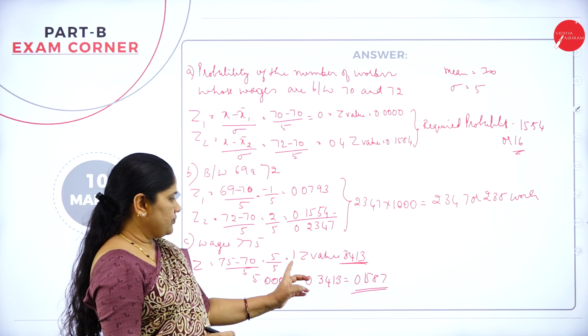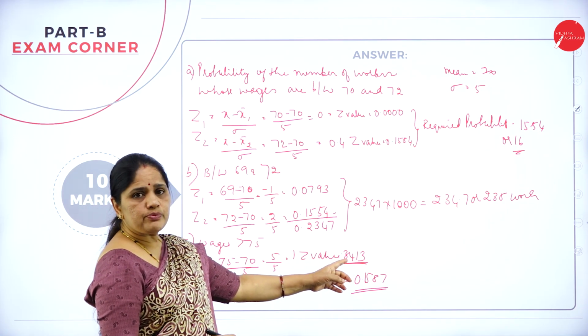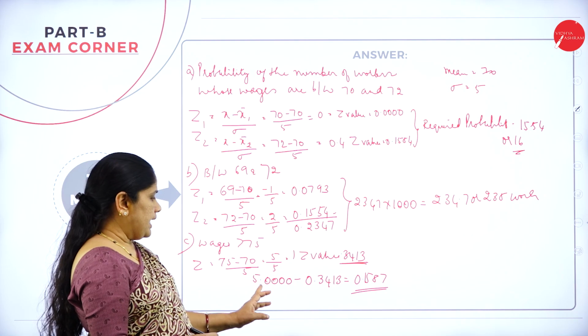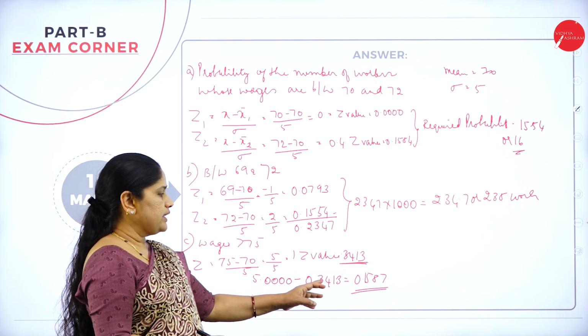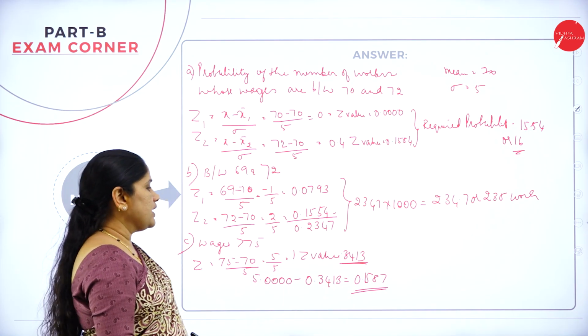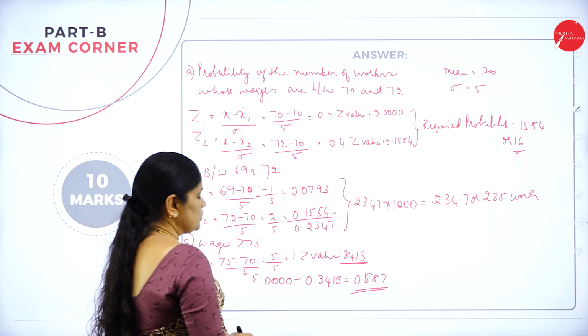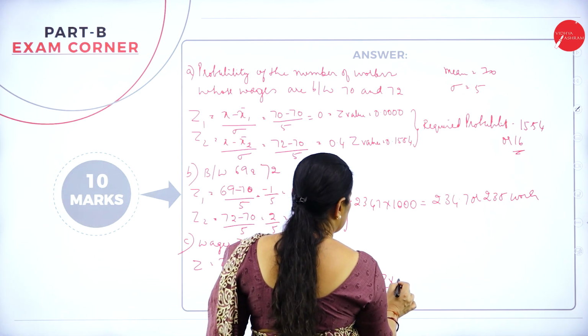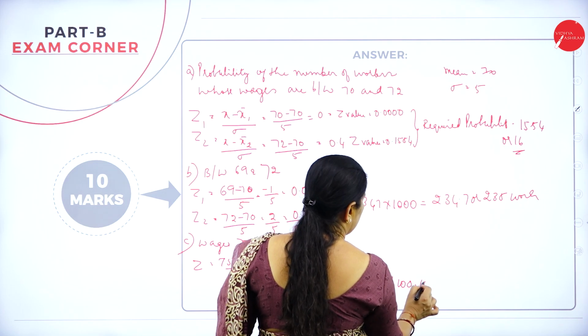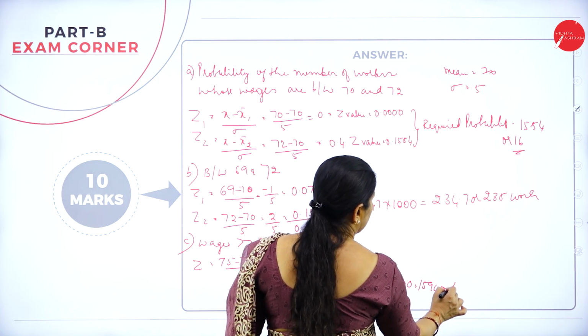So the Z value is 0.3413. Now I have to deduct 5 minus 0.3413, I get 0.1587. So into 1000, that will be 159 workers.